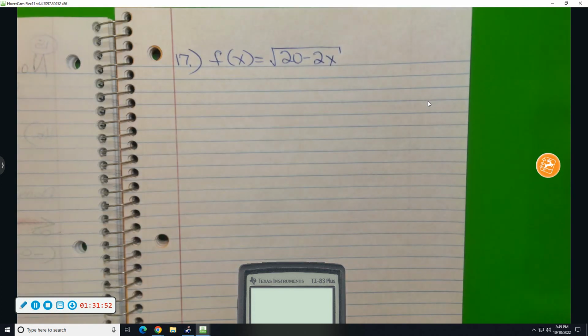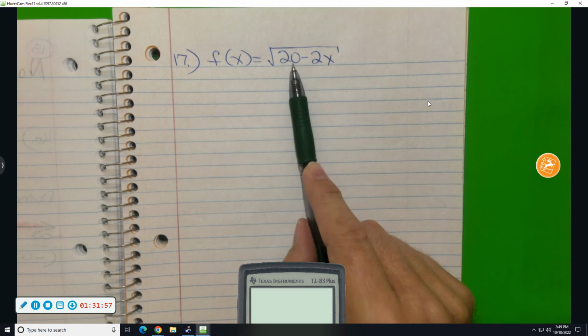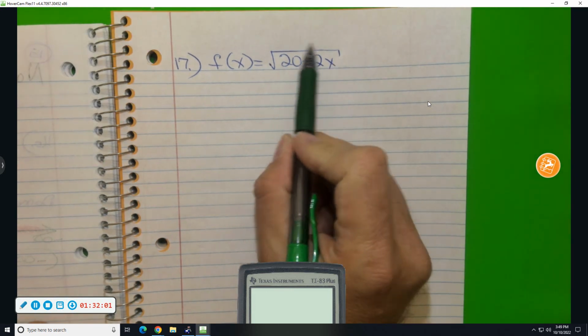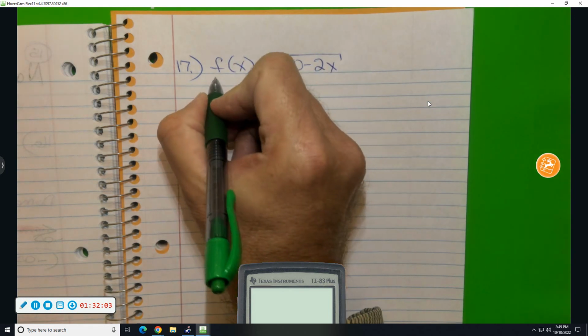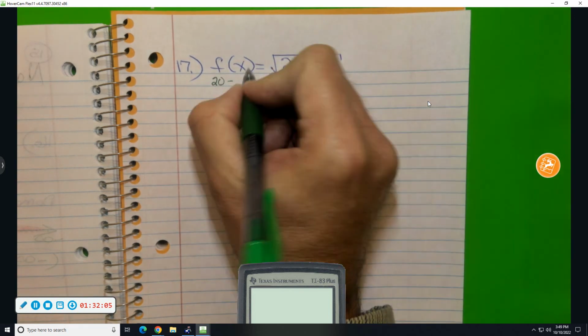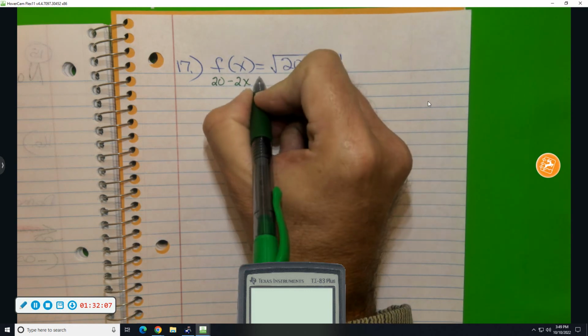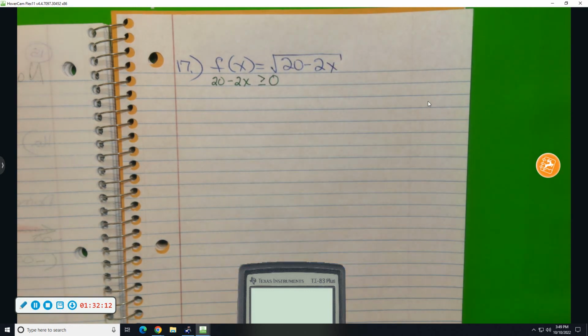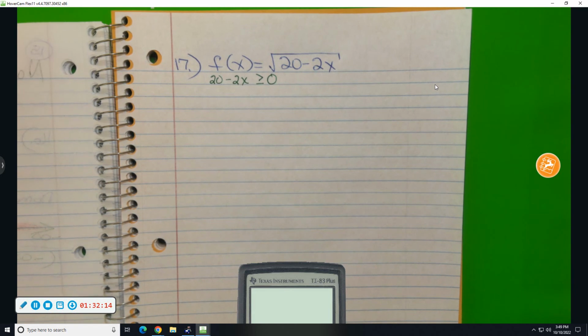So, I'm going to give you a strategy on how to find the domain of a square root function. You take what's under the square root symbol and say it must be greater than or equal to 0. It's okay to have a 0 under a square root symbol.